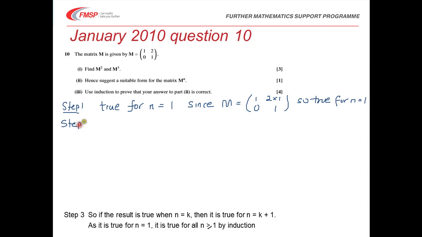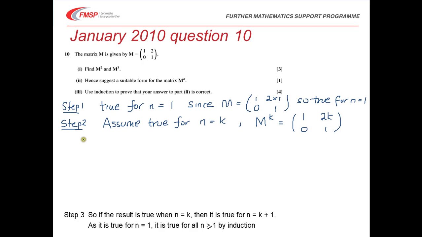Step 2, again the inductive step, we assume that it's true for n equals k. In other words, we're going to make the assumption that M to the power of k is equal to 1, 2k, 0, 1.